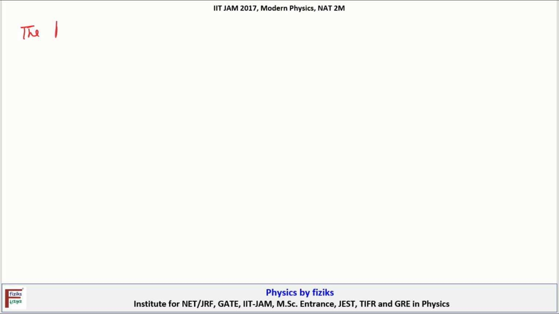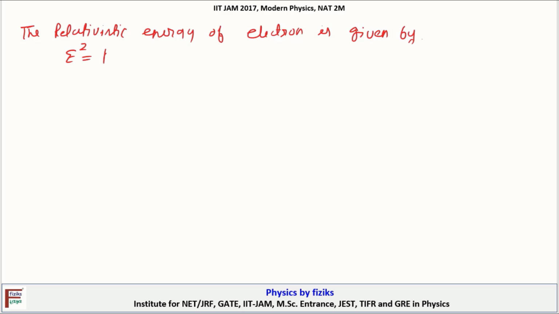The relativistic energy of the electron is given by E² equals P²C² plus Me²C⁴.